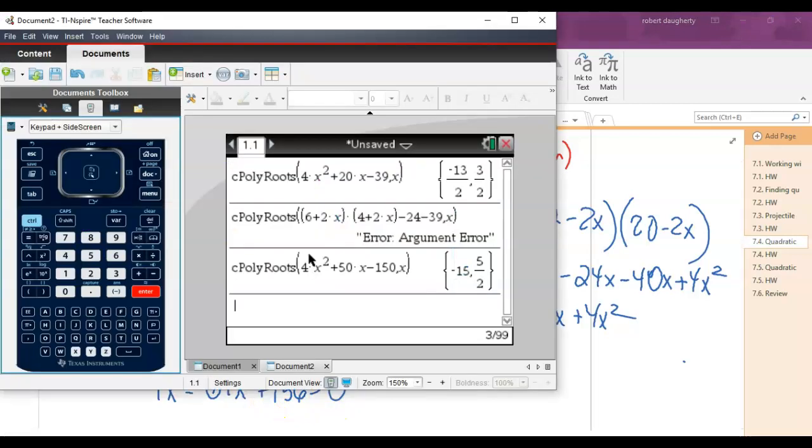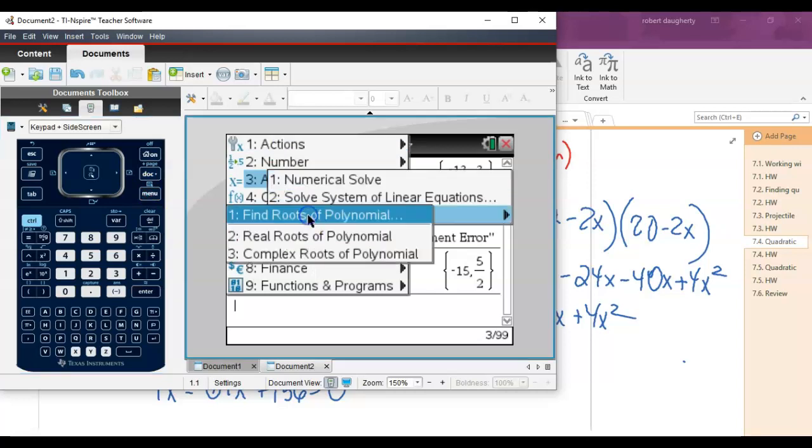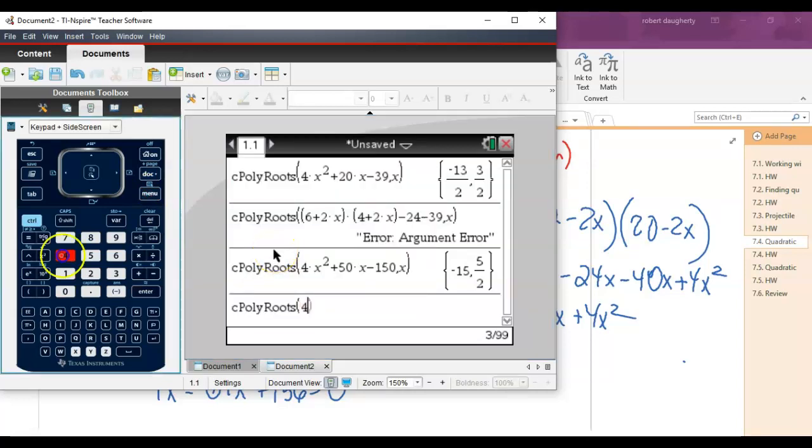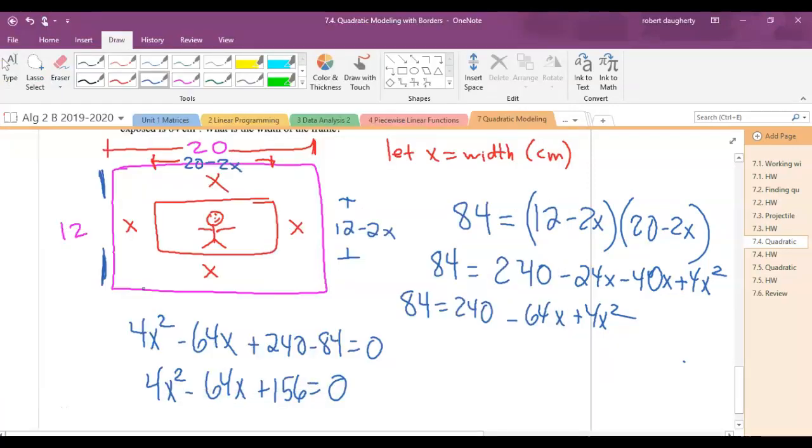You're welcome to use a quadratic formula, but most of you probably will not at this point, and that's fine. So 4x squared minus 64x plus 156, comma, x is 3 and 13. So now we've got to think about this. 3 and 13. So I get x equal 3 and 13.